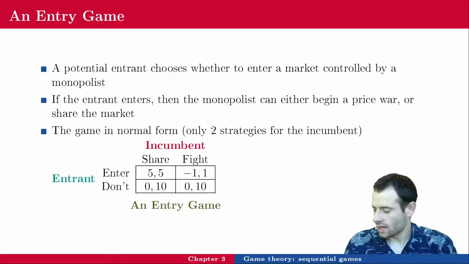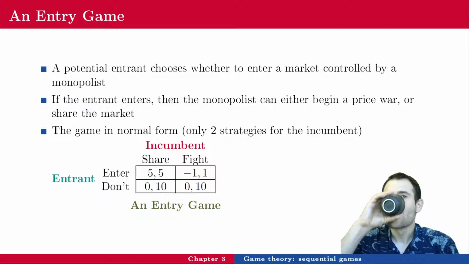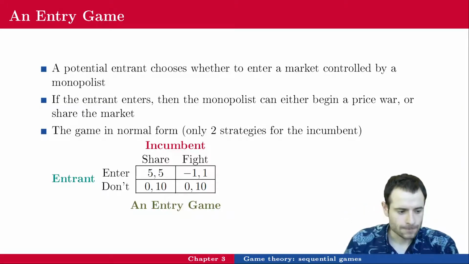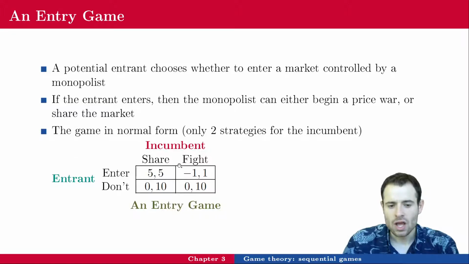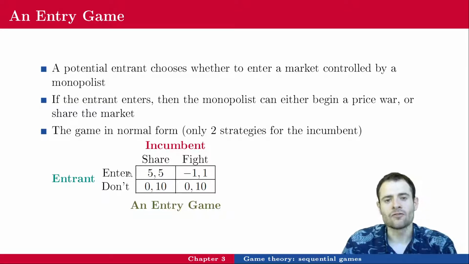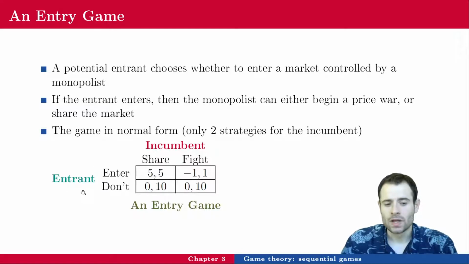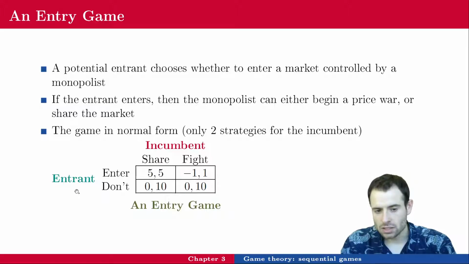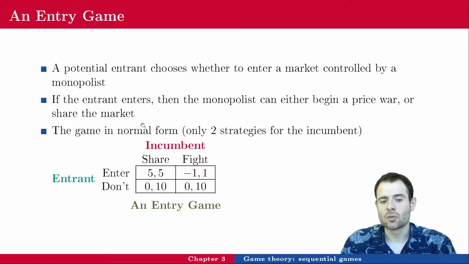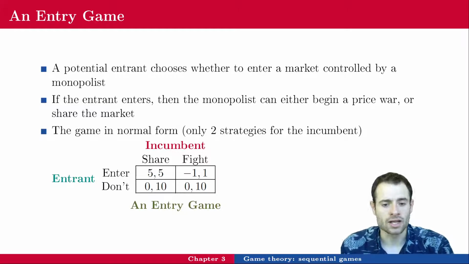So let's analyze the payoffs a bit. If the entrant enters and the incumbent shares, so he's being nice to the entrant, they both share the market and make a payoff of 5 each. It's like collusion, if you like. If the entrant enters but the incumbent fights, the entrant is in for trouble. His profits are going to be -1 because the monopolist is well established and the price war is going to be very hard on the entrant.